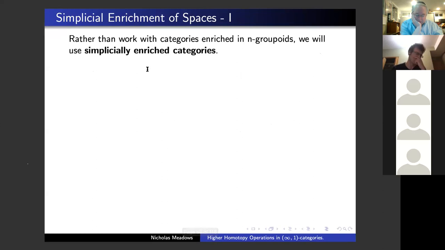Not many of them know about Toda brackets, so I had to go through that. But the first half of the talk would have been considerably shortened for them. So it was an hour talk instead of an hour and a half, but basically roughly the same. And I went into the gory details of the spectral sequence.